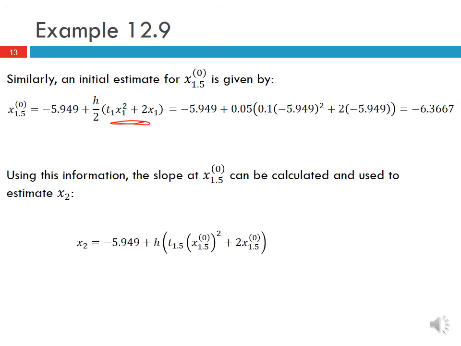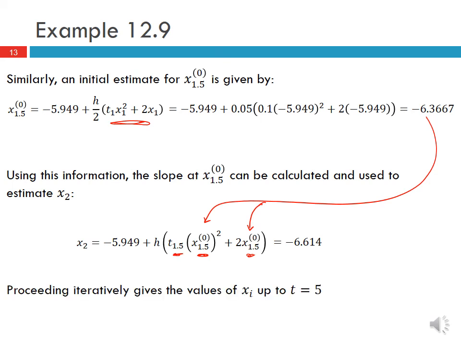And we can use this information to calculate our estimate x2. Here we're evaluating things at t of 1.5 and x 1.5, putting in this estimate here. So we get that x2 is minus 6.614. And we can proceed iteratively to give the values of xi up to t equals 5.